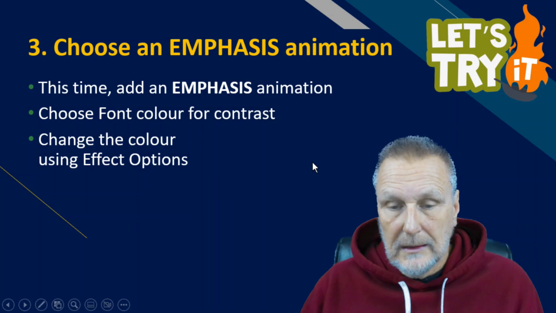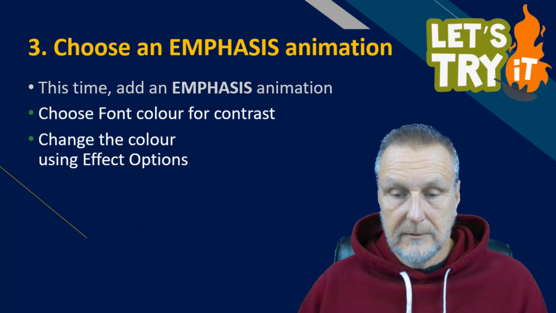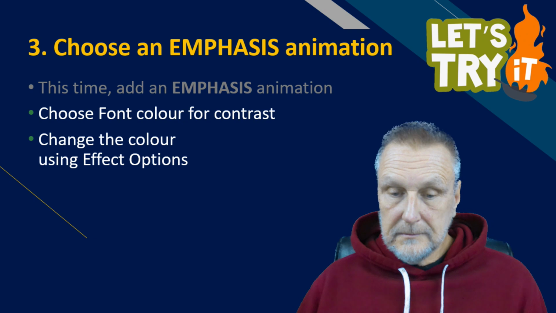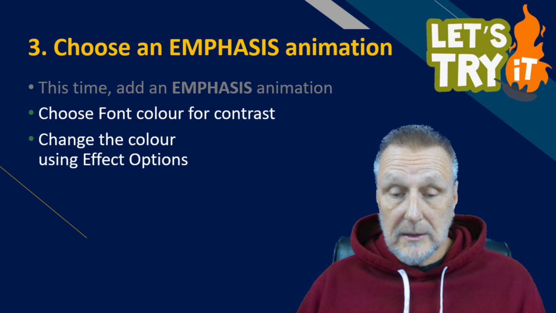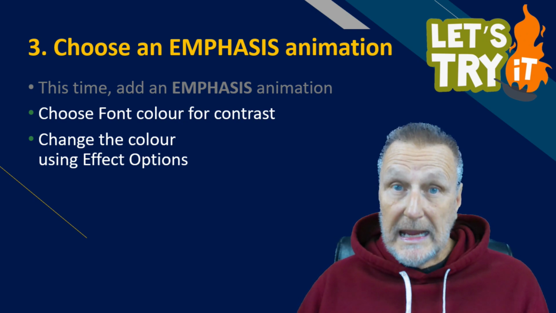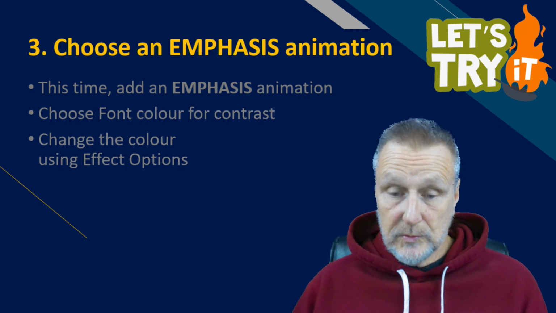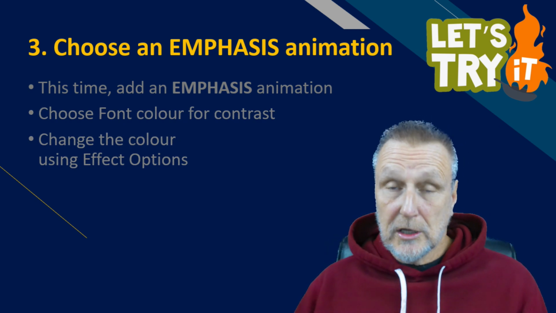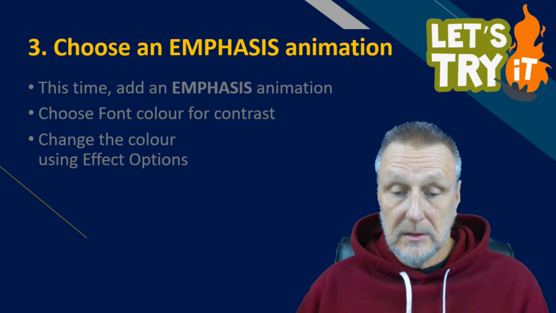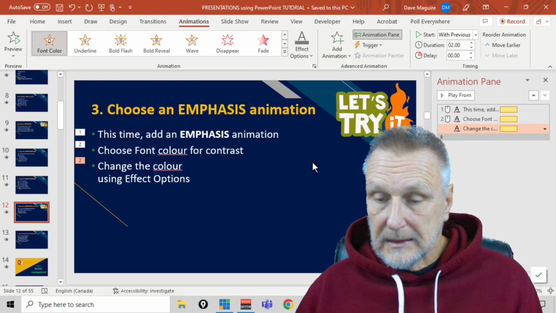Let me demonstrate that quickly. First click, the first bullet changes color. Next click, we should see bullet 2 and 3 change color. And we did, because we asked bullet 3 to change color with the previous bullet, which was bullet 2.